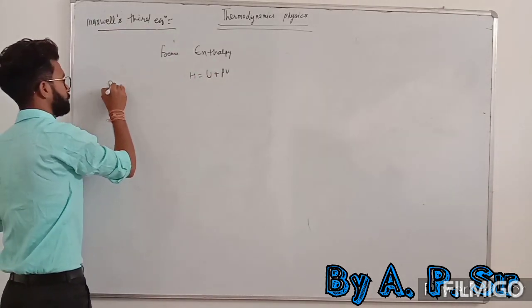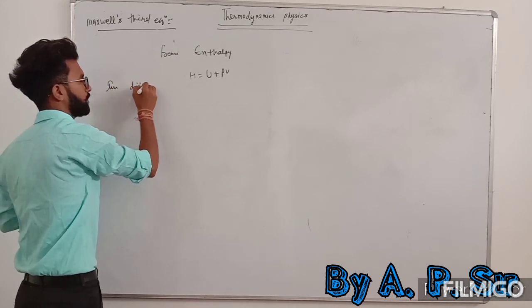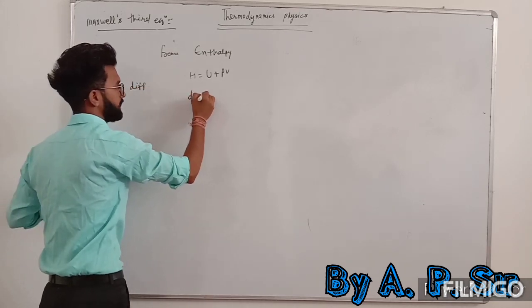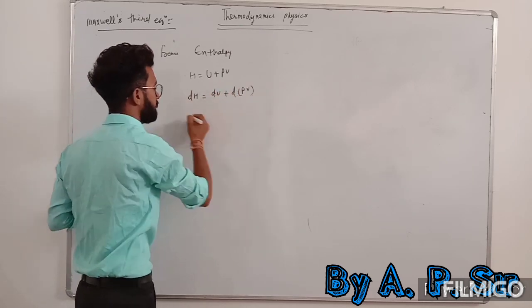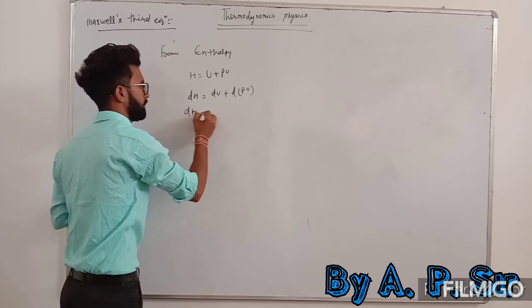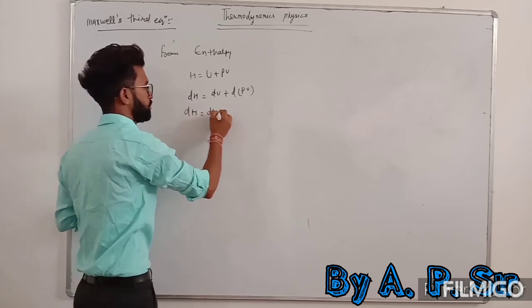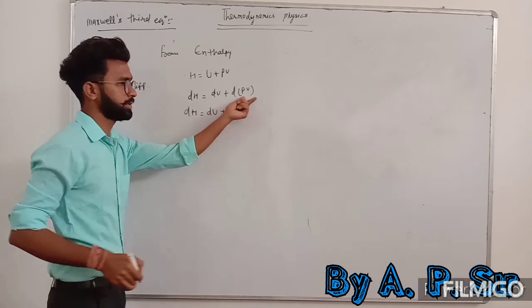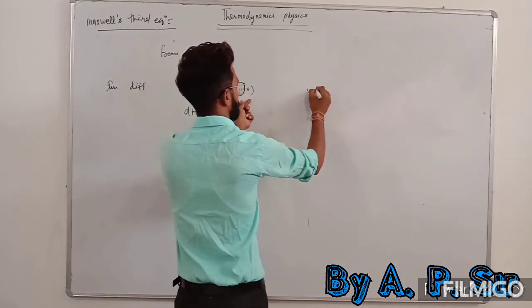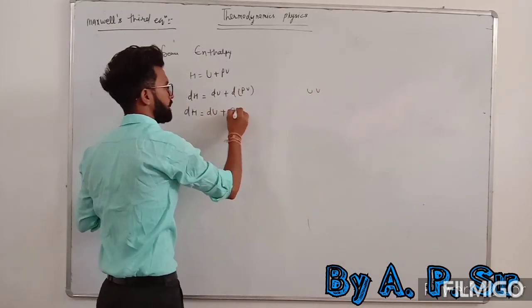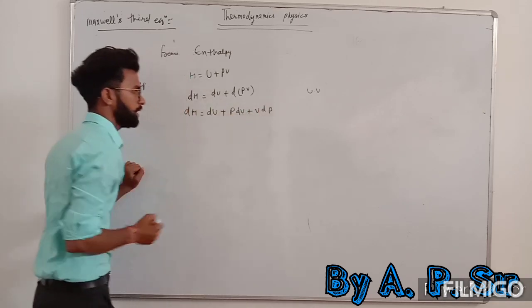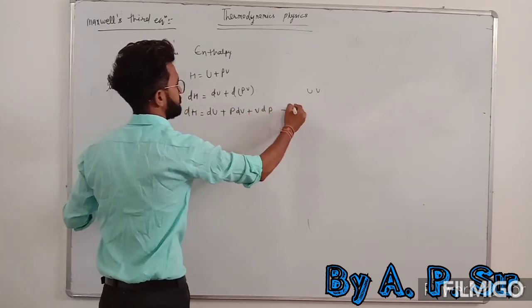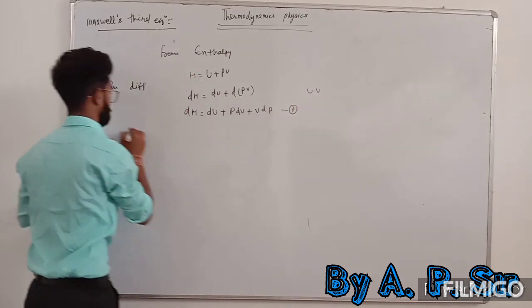What is the differential form? dH equals dU plus d(PV), then dU plus P dV plus V dP. This is equation number first.